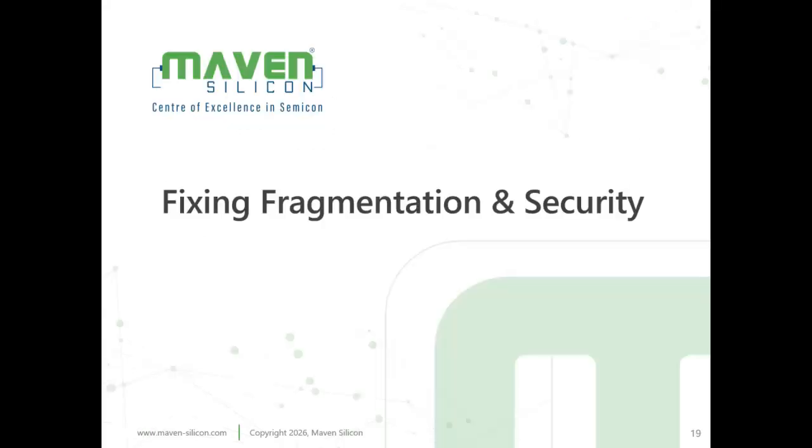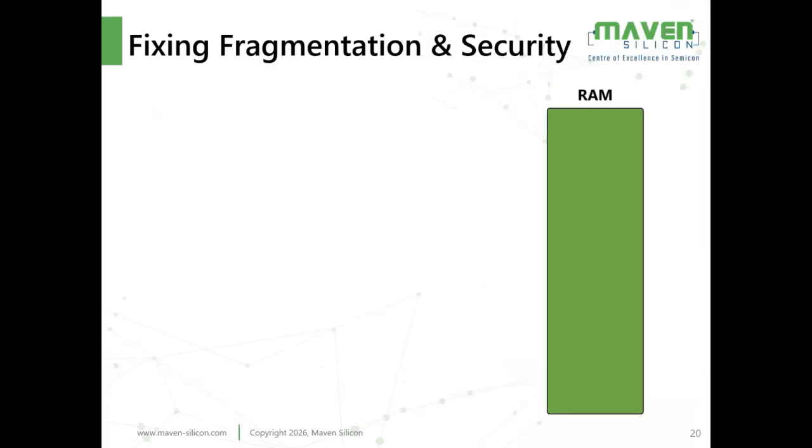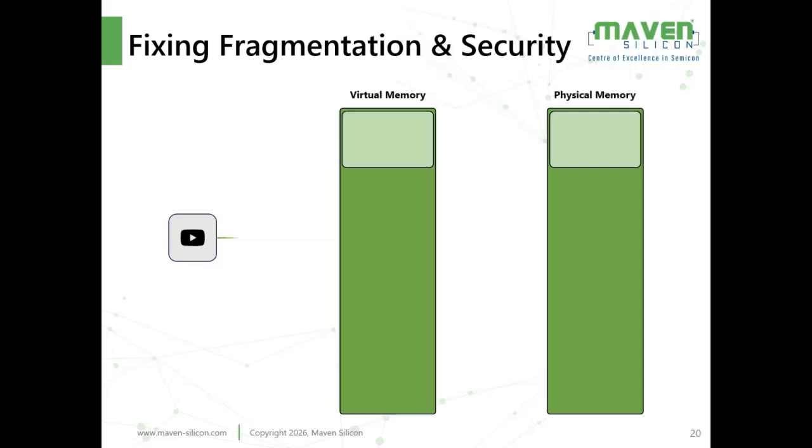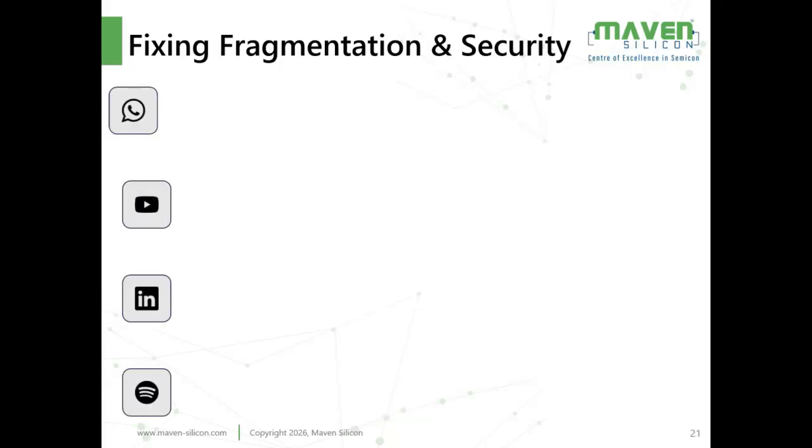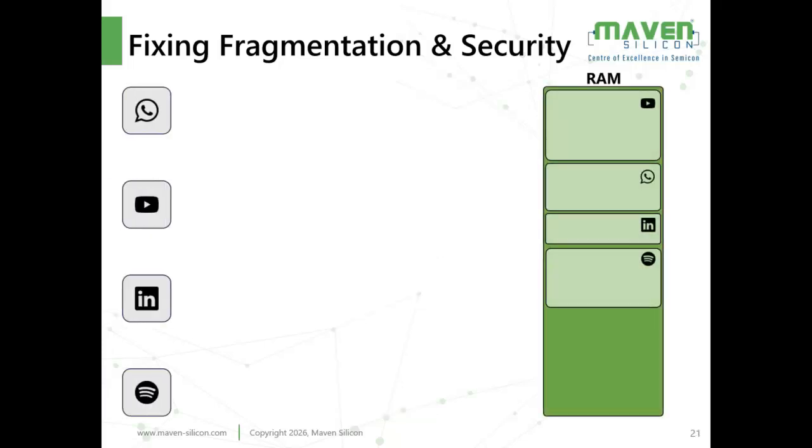Fixing fragmentation and security. Virtual memory improves both security and memory organization. Instead of accessing memory directly, a process operates within its own virtual address space. In a multi-processor system, each program has its own virtual address space.